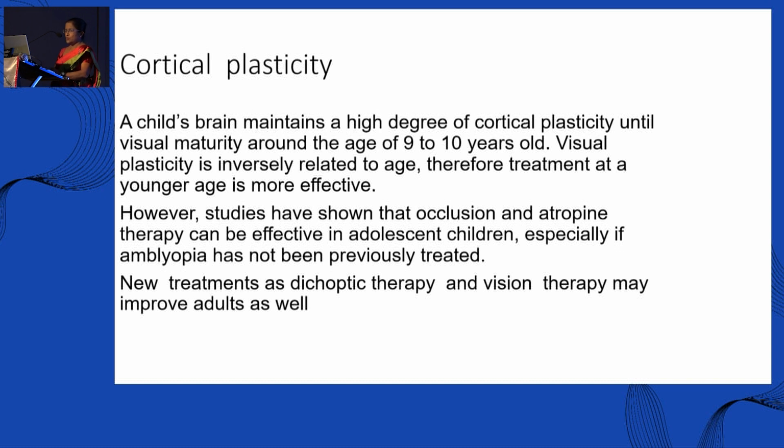Studies have shown that occlusion and atropine therapy can be effective even in adolescent children, especially if the amblyopia has never been treated previously. And there are new treatment modalities like dichoptic therapy and vision therapy, which have proven that even adults with amblyopia can improve.